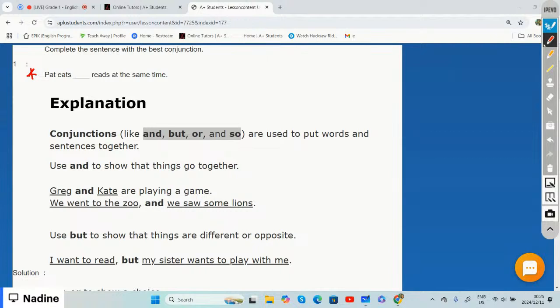And if we were to choose the correct option, we would say Pet eats and reads at the same time, doing both things at once. So and is there, and that is basically to put words, sentences, and things together.